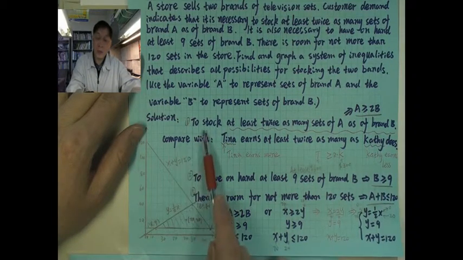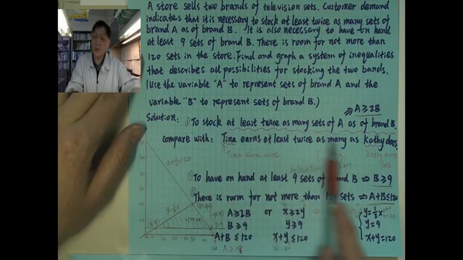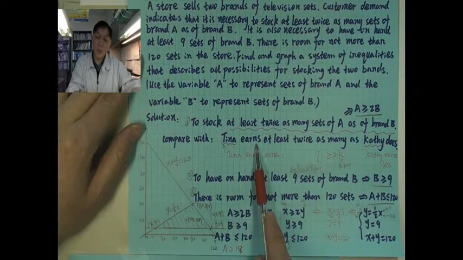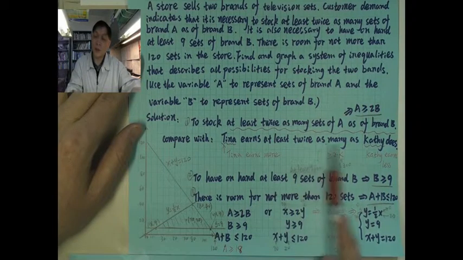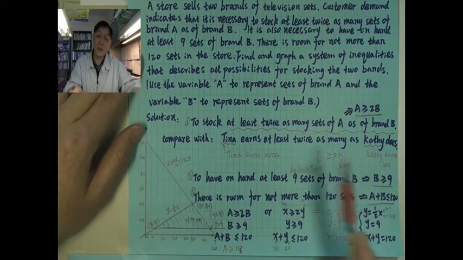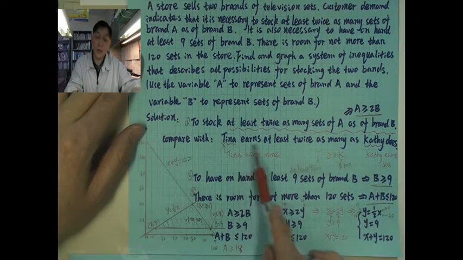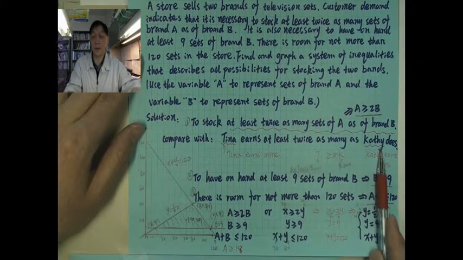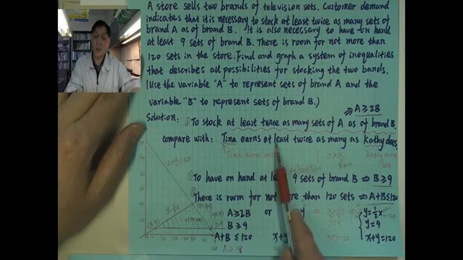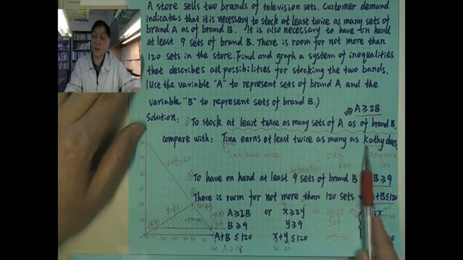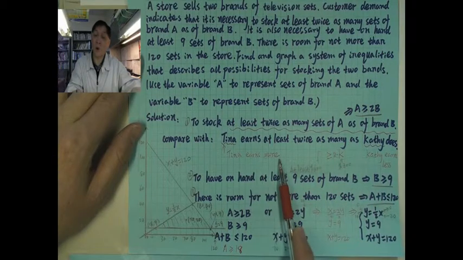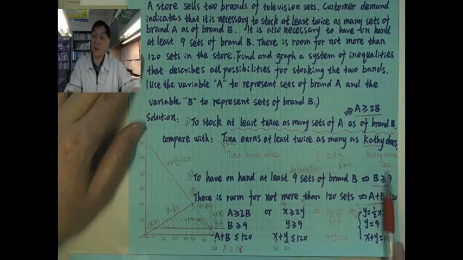But if you compare this first sentence with this one, Tina earns at least twice as many as Kathy does, then it is clear that Tina earns more than Kathy.